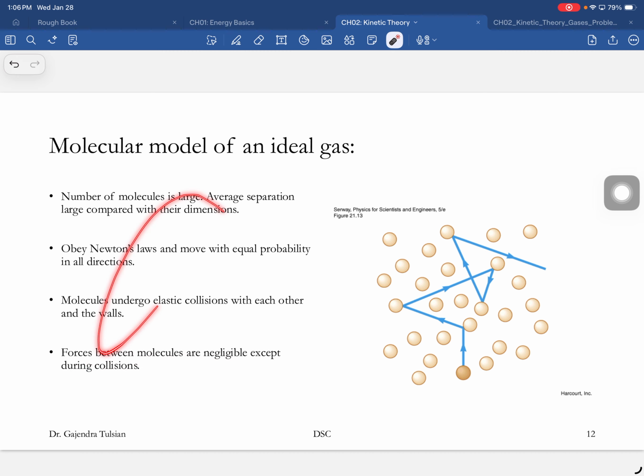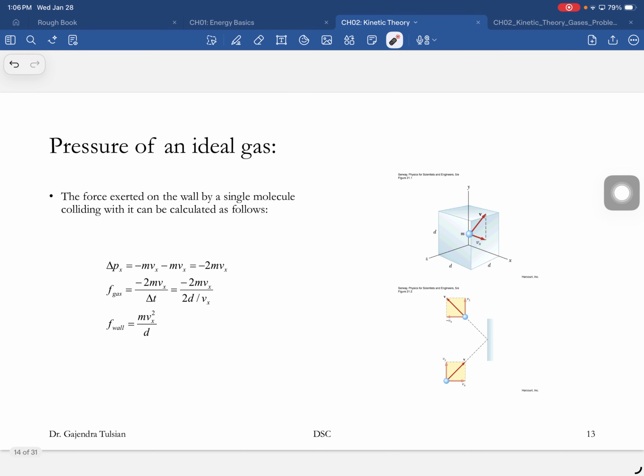Newton's second law says the force on an object is the change in momentum of the object divided by the time over which that change happens. So here's this gas molecule that has bounced off the wall. That's because the wall exerted a force on the molecule.